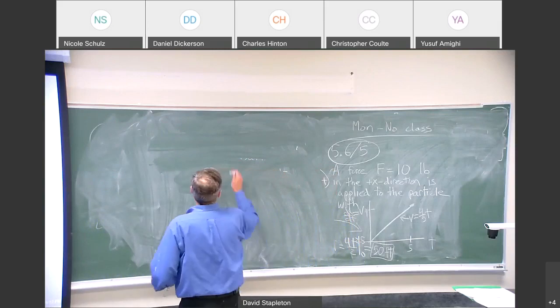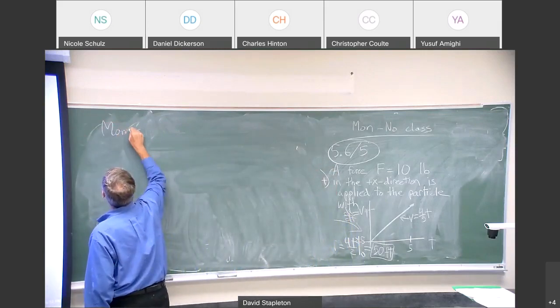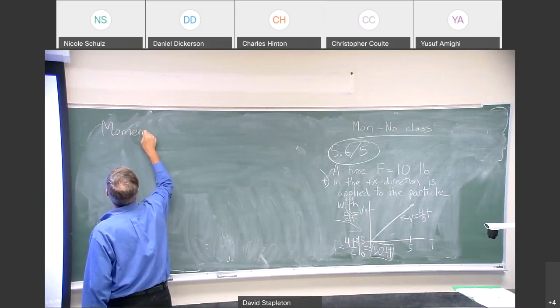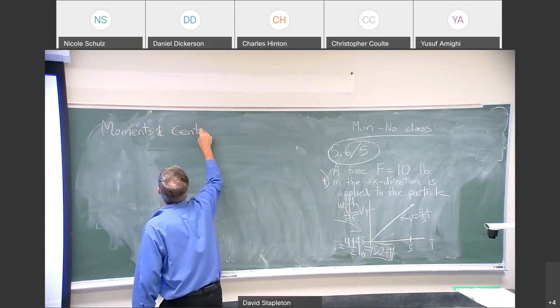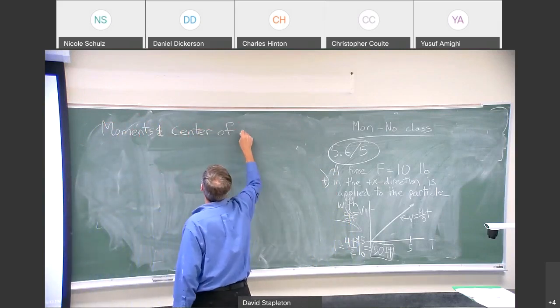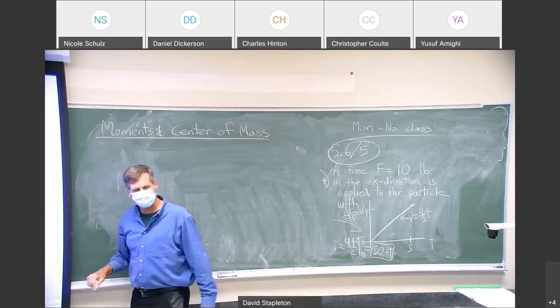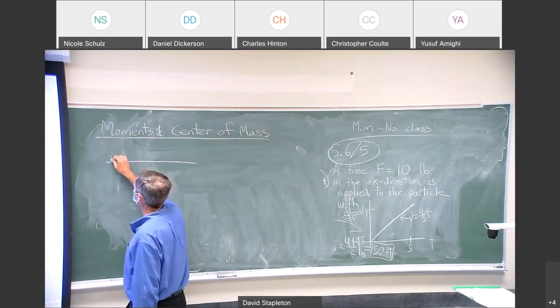Hey, tonight we've got moments of mass and the theorem of Pappus. And it comes with a little bit of physics in it. Suppose you balance a bunch of masses here.